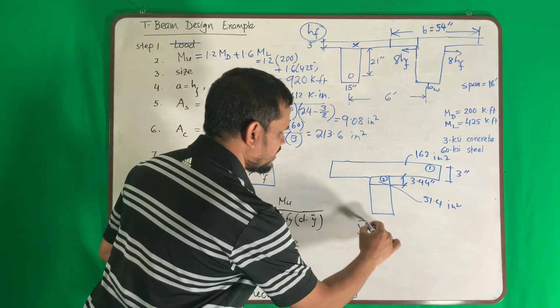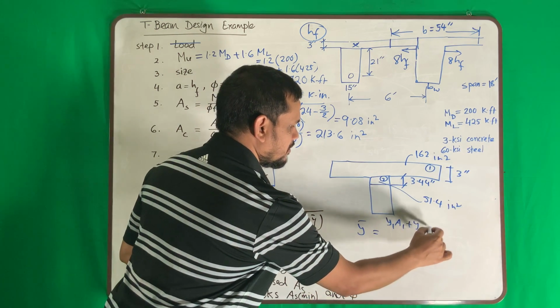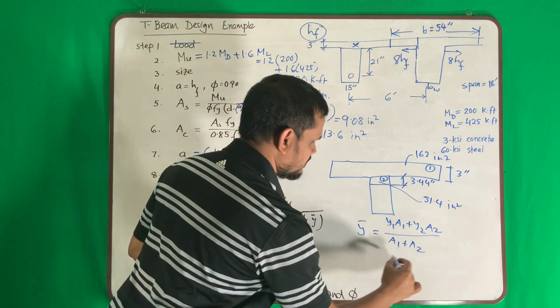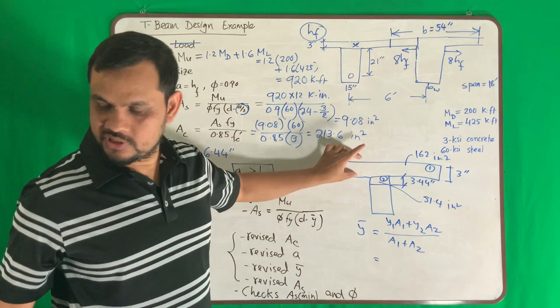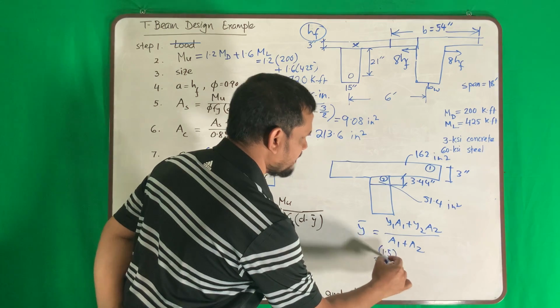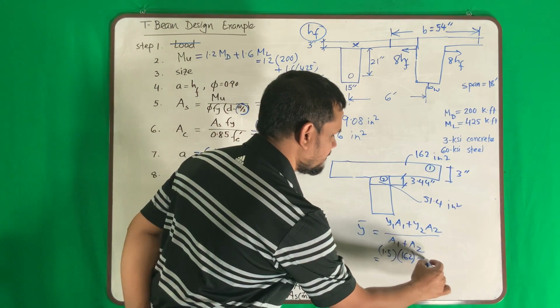So my Y bar will be (y1 a1 plus y2 a2) divided by (a1 plus a2). What is my y1? Centroid of this portion is 1.5 because it is 3 inch, half of this, area is 162.